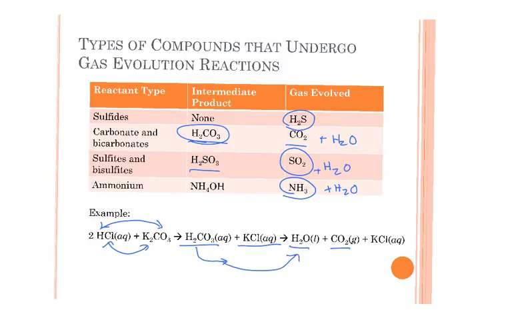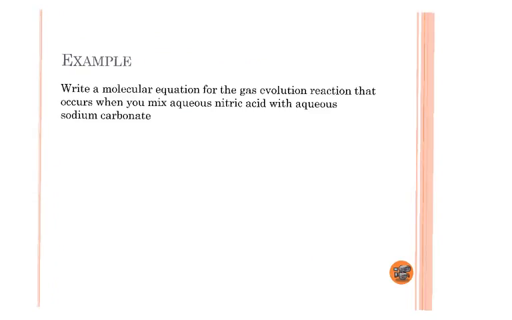Okay, so let's do an example. We have to write the molecular equation for the gas evolution reaction that occurs when you mix aqueous nitric acid with aqueous sodium carbonate. So remember that nitric acid comes from nitrate, which is NO3 -1 and has an H. The nitrate is -1, the H is +1, so we are good in terms of balancing charge.